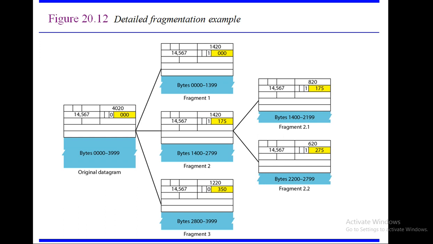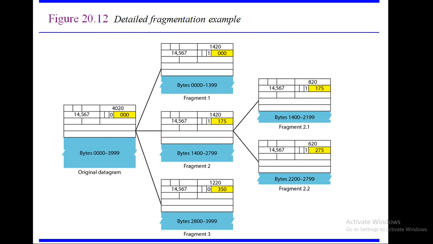Now further fragmentation is also possible. Okay, so fragment number 2 is again fragmented, but still you can see that 14567 is copy-pasted. It means the identification number will never change, whether you do 1 fragmentation, 2 fragmentations or 1000 fragmentations. Okay. Now fragment number 2 starts from 1400, fragment number 2.1.